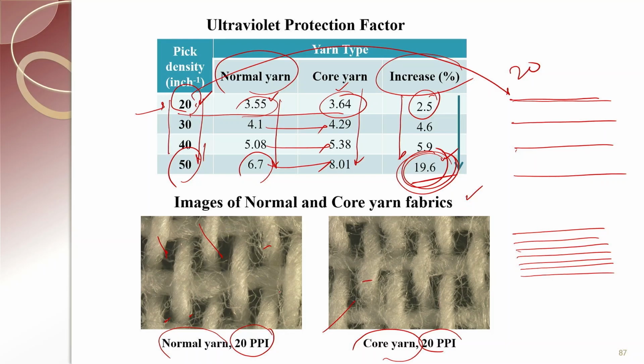So, the size of the pores have reduced little bit. So, there is an increase in UPF value. So, here UPF value is 3.64 and in case of normal yarn 3.55 UPF. So, it has increased, 2.5% increase is there.